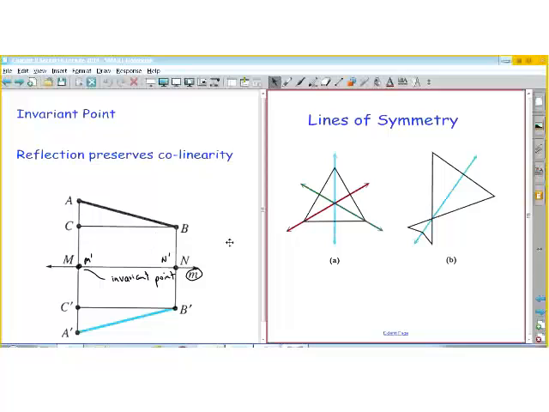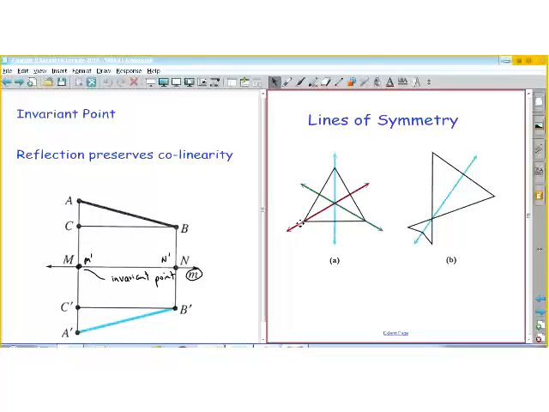Another thing is that if you draw a line that's within the body, instead of drawing the line outside of this, so if I'm looking for the line that's the reflection of line AB, which is A prime, B prime, notice that this line of reflection doesn't intersect this line that I'm trying to reflect.